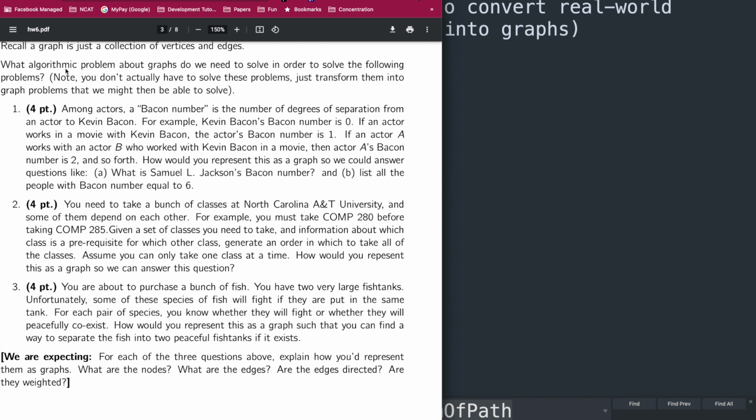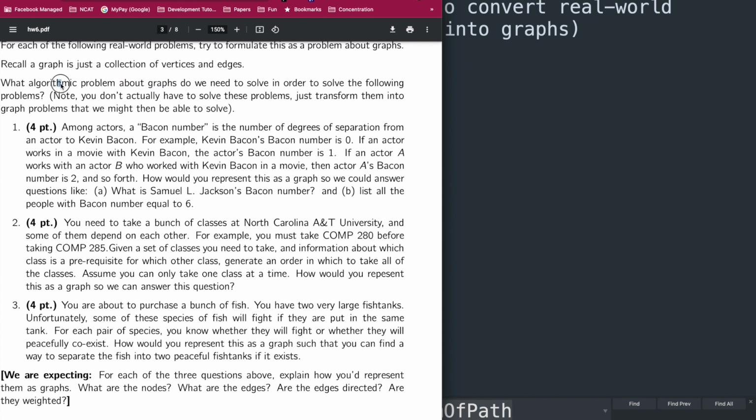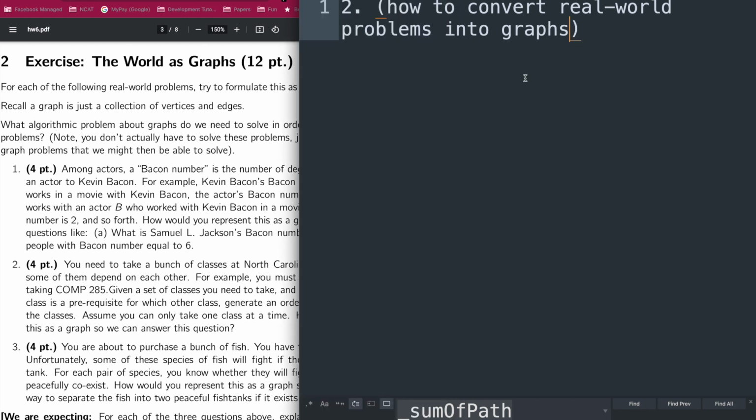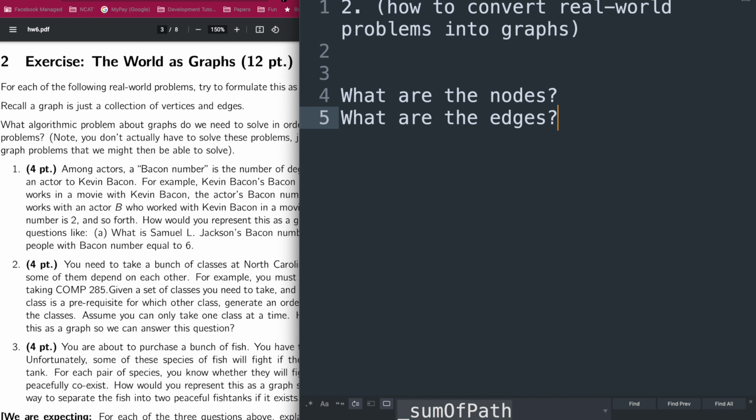But basically, the main question that we're asking is, for each of these problems, try to formulate this as a problem about graphs, okay? So what that means is you need to tell me what are the nodes, what are the edges, okay? Is it directed?